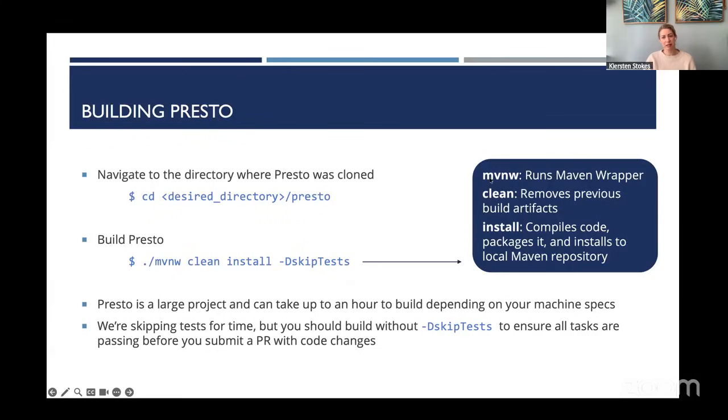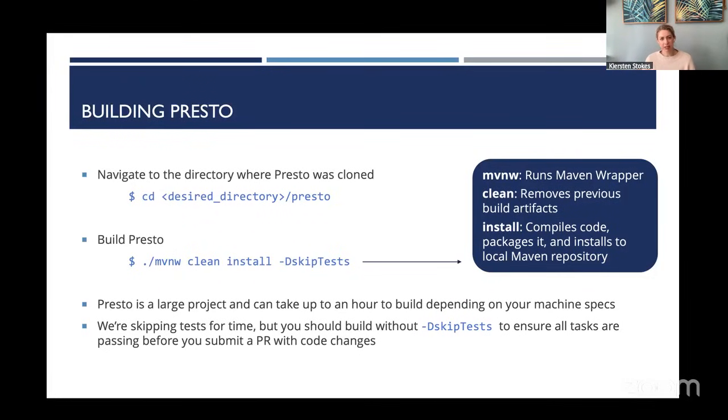And just to break down what each of these pieces are, the first invokes the Maven wrapper. So rather than a local Maven installation doing the work for us, Presto has a Maven wrapper located in the root directory, ./mvnw.